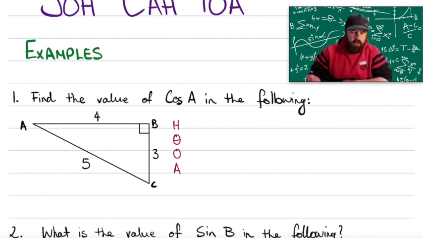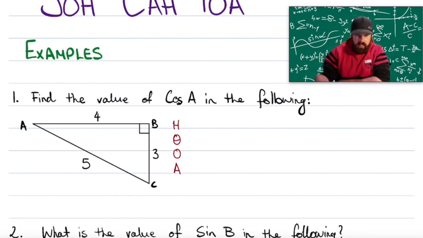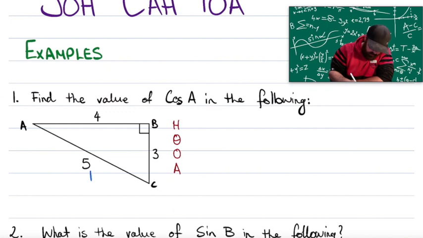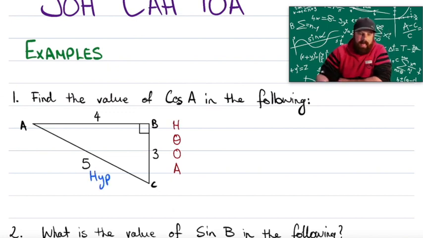So in this question here, the question says, find the value of cos of A in the following triangle. So first thing that we're going to talk about is the same thing as we talked last time. Let's label using our structure. So our hypotenuse is definitely over here at number 5, 5 in length. Our opposite side, well, we're looking for, what was our reference angle?